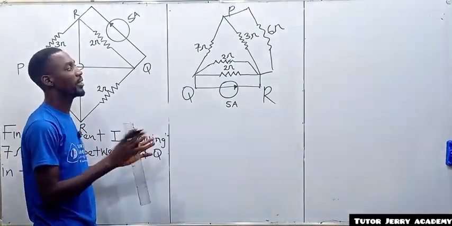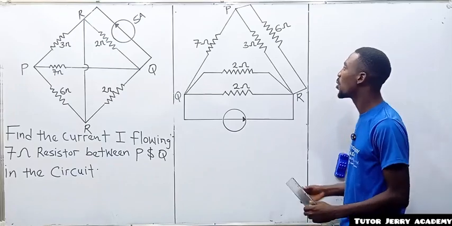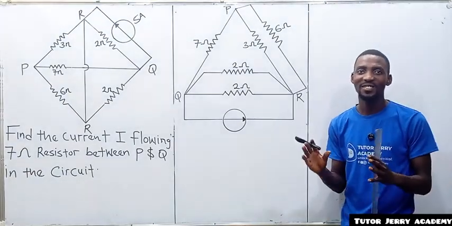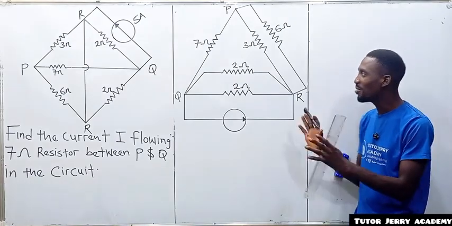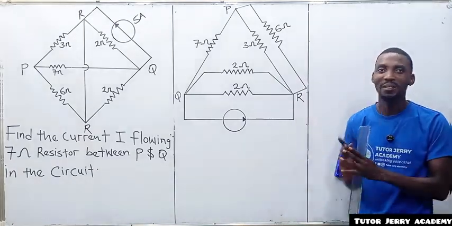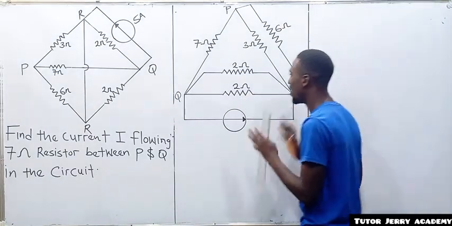So I'm going to draw this diagram properly now. All right, so here is the diagram. Here in Tutor Jerry Academy, we love giving you the best, so I don't like rough work. That's why we take our time to draw the real circuit. I hope you can see how the diagram should look.